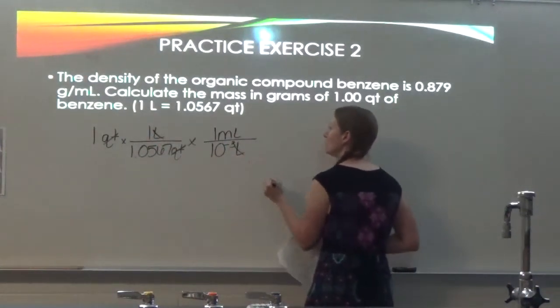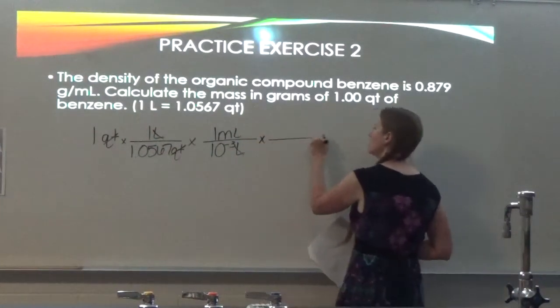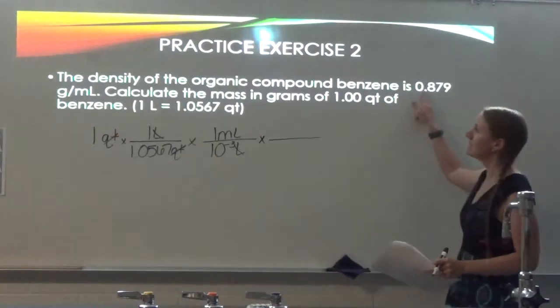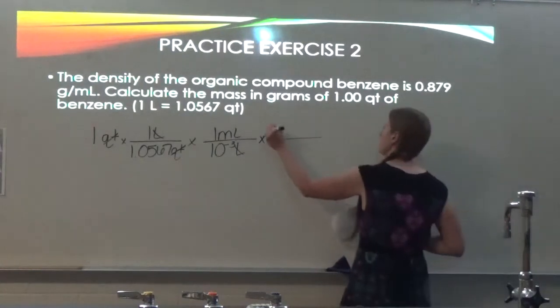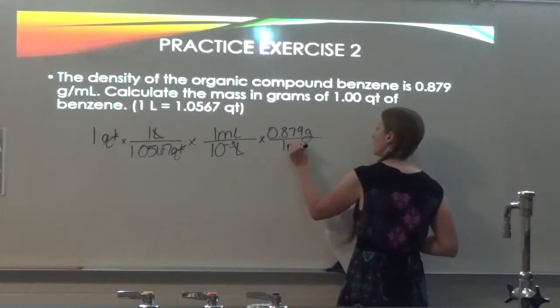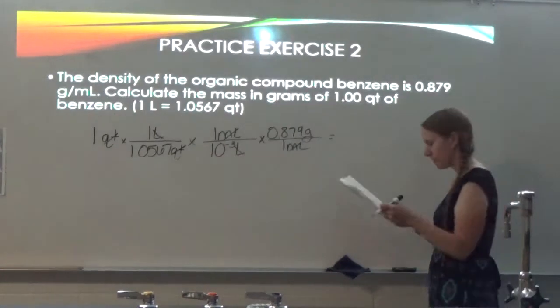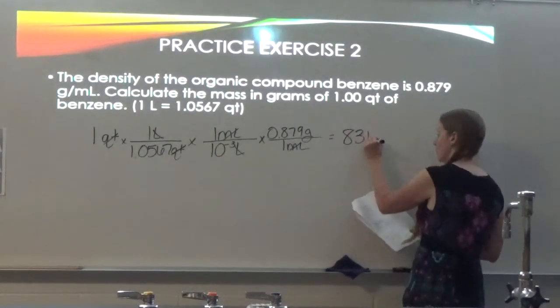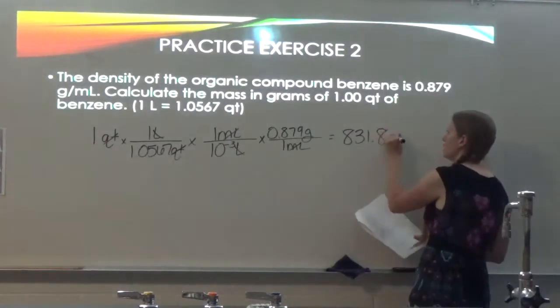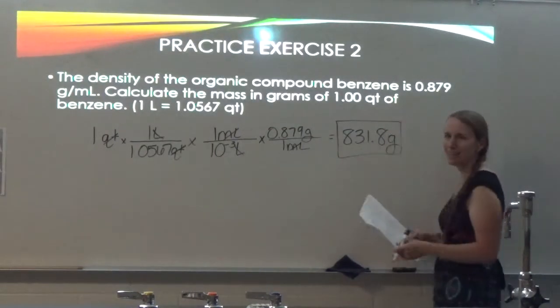So my liters cancel. I made it to milliliters. Now I can use that density as a conversion factor. It's 0.879 grams per milliliter. So my milliliters cancel. I just multiply and divide and get 831.8 grams. Just like that.